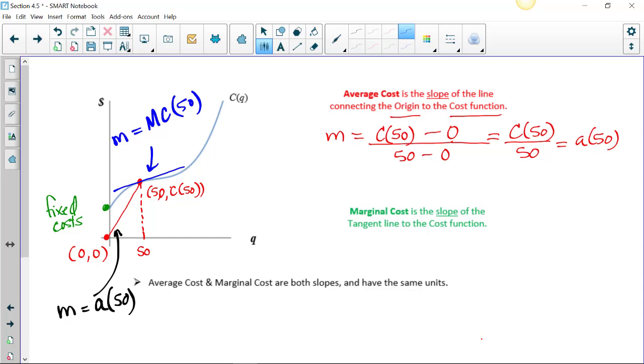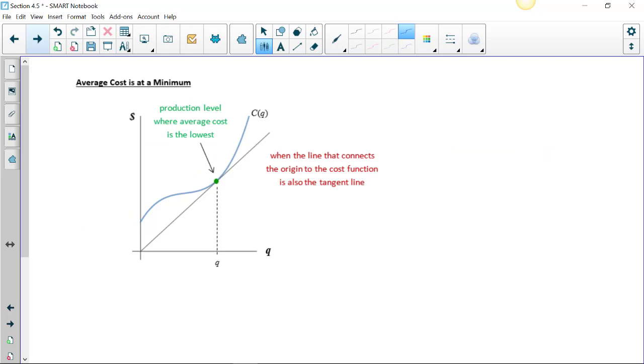So what do we want? We want to know what's the production level, what's that Q value, where the line connecting the origin to that point, the average cost, and the tangent line to the curve, the marginal cost, are the same. So average cost is at a minimum at the production level where the average cost is the lowest.